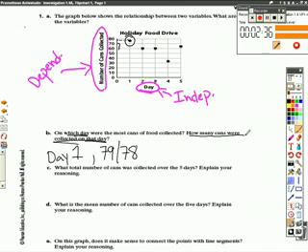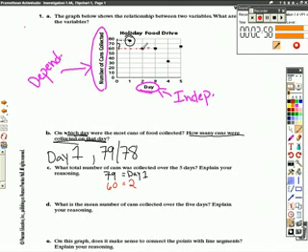So what we're going to have to do is add it all up. We'll take the 79, which equals day 1. For day 2, that looks like it's 60. 60 for day 2.